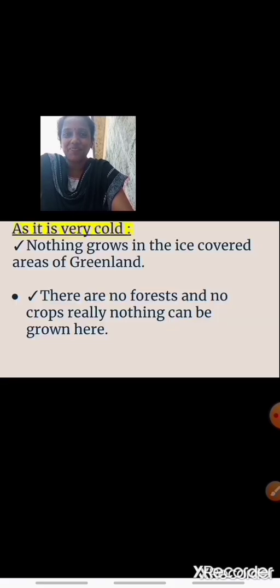Now children, let us see our new topic, that is vegetation of Greenland. As it is very cold, nothing grows in the ice covered area of Greenland. 80% of the land is covered with ice and snow.